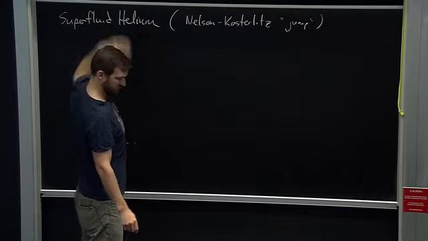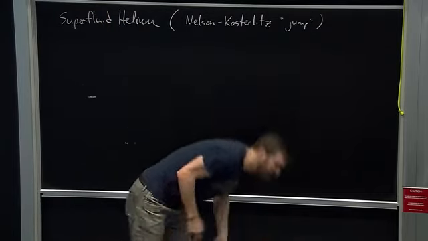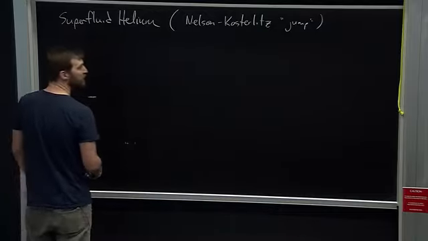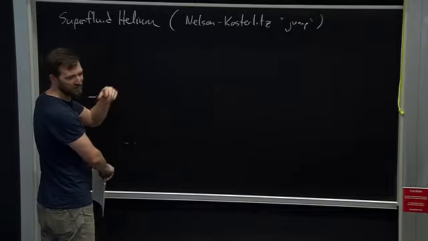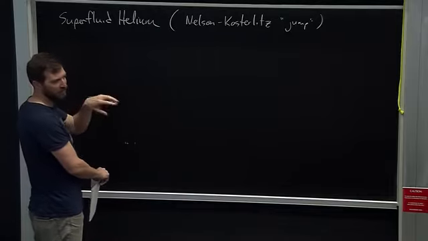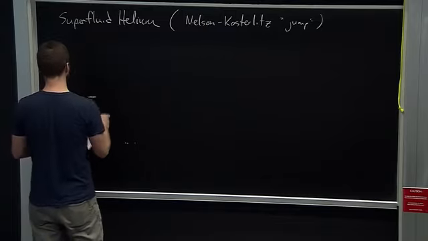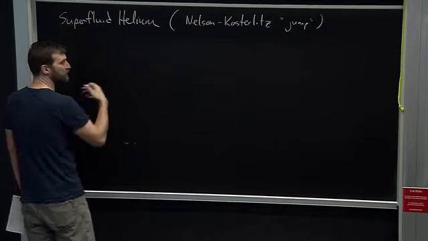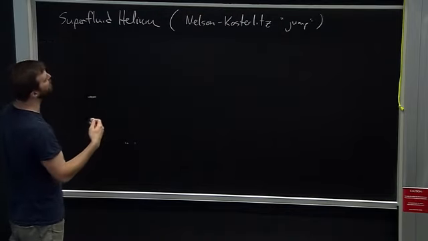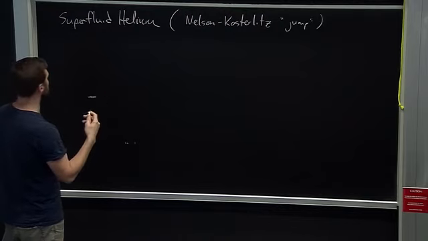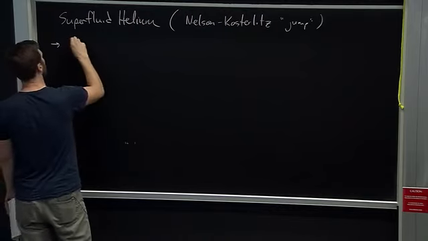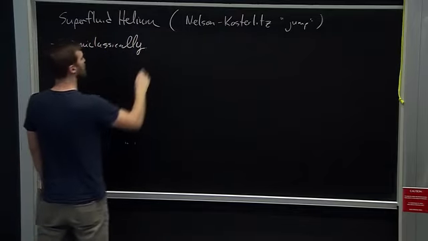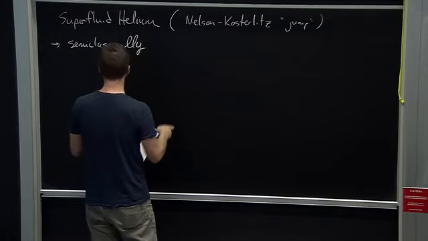So in helium, let's think of the experimental context instead of the numerical one. I always told you the O(2) was the phase of the wave function, right? So in these types of experiments, you can do a simple semi-classical derivation of this Nelson-Kosterlitz jump. Nothing's going to be very rigorous here.